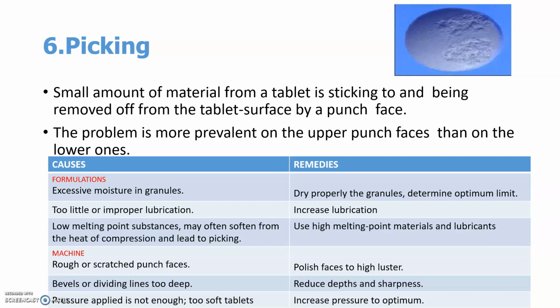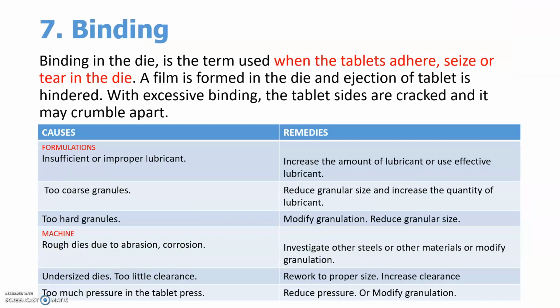So dry the granules, increase lubrication to dies and punches, use high melting point materials as lubricants, polish faces, reduce depth and sharpness, and increase the pressure to optimum. So optimum pressure is important, otherwise it will affect the tablet disintegration properties or dissolution properties. So binding is nothing but when tablets adhere or seize or tear to the dies.